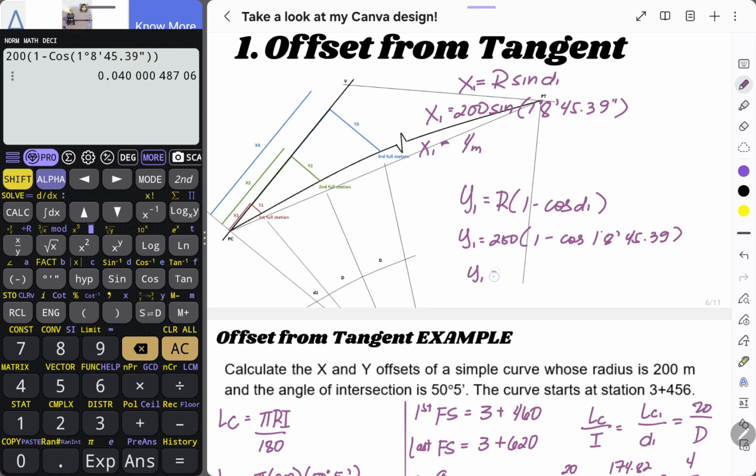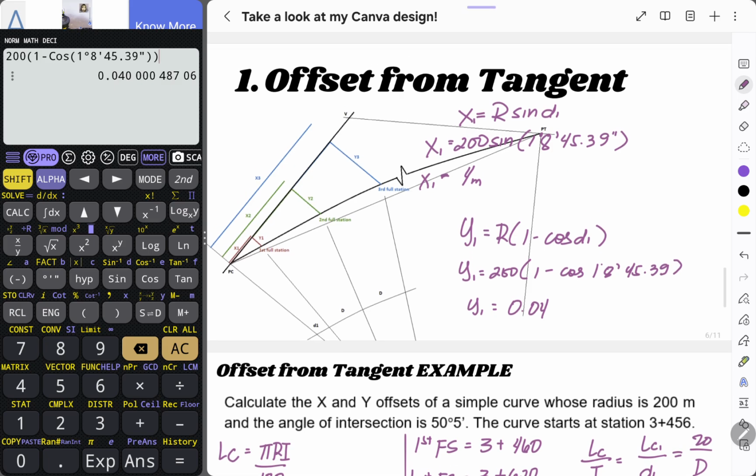So, y1 is equal to 0.04. Para po sa ating x sub 2, so isulat natin x sub 1 is equal to 4. Y sub 1 is equal po siya sa 0.04. Take note in meters po yung mga yan.